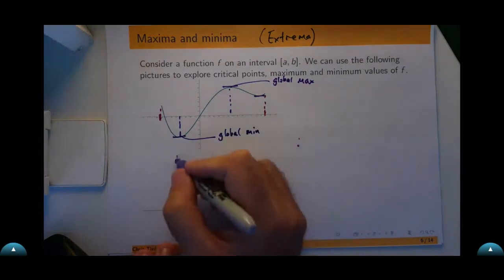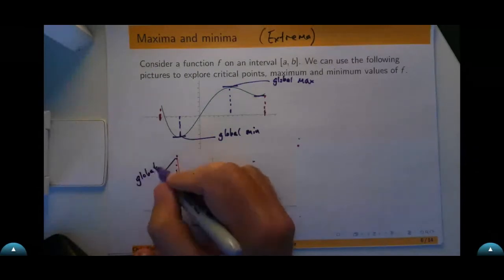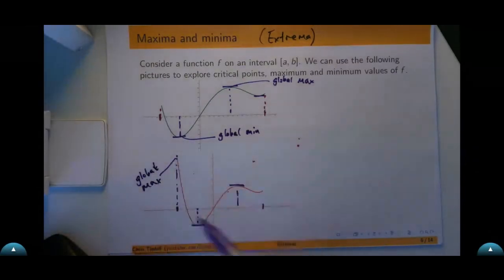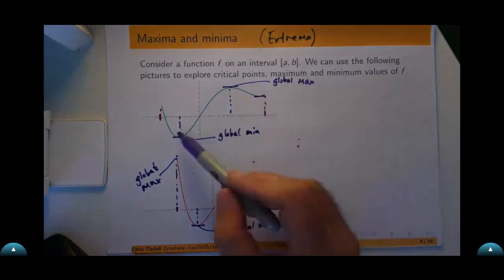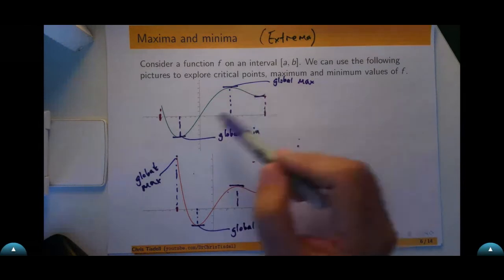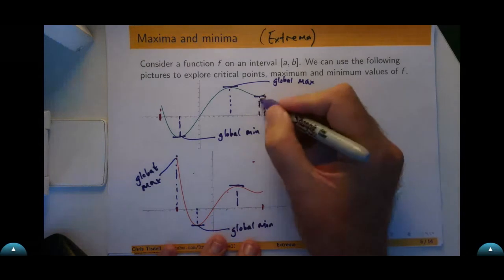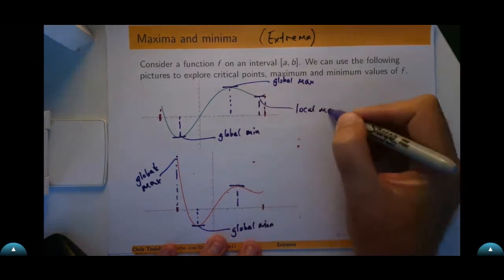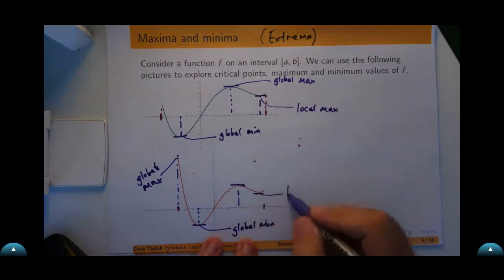If we look down here, you can see, aha, the global max in this case occurs at the endpoint, and the global min occurs where the derivative is 0. So you can mix all of these things up, right? And when you have little turning points like this, they're called local max or local min. Okay, so an example here, that's a local max. And let's see if I can find a local min right here.